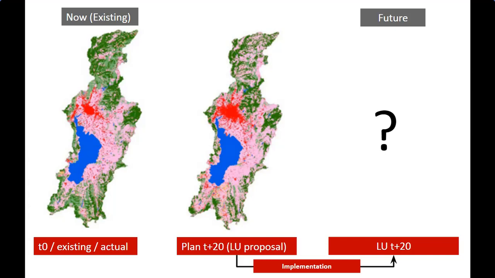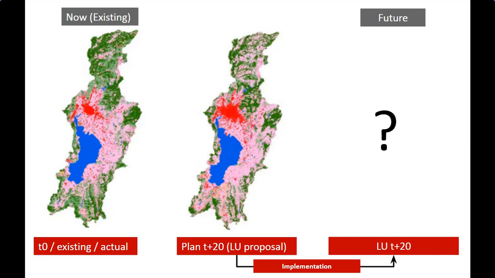We will try to realize what we already planned. We try to implement all the programs so we can create the land use as visualized on the map. But the future actually cannot be predicted.